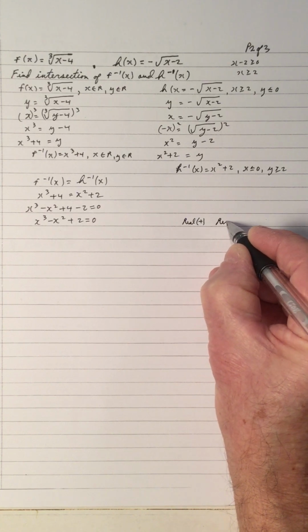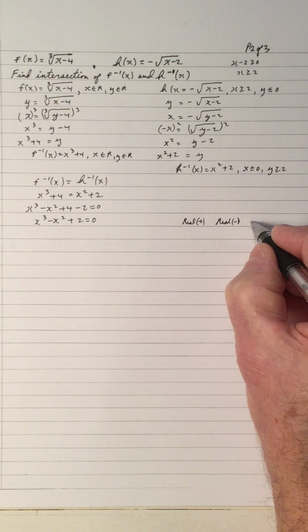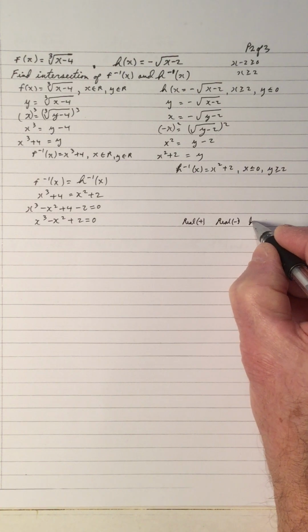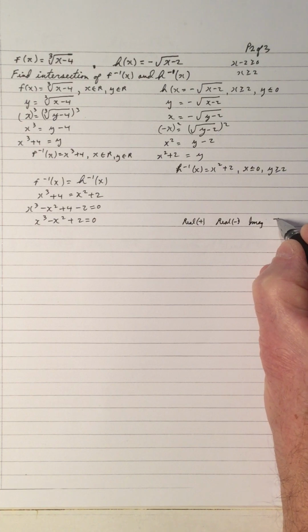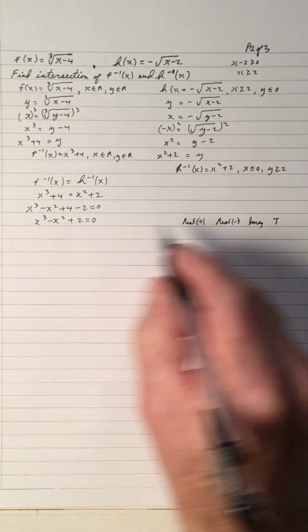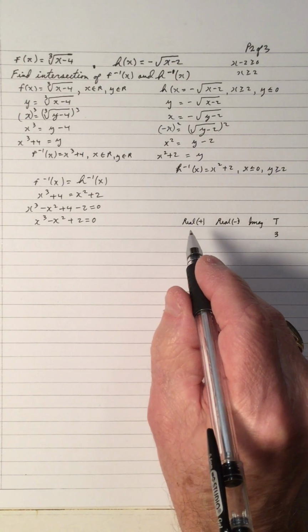I'm going to write down reals, negative, and I'm going to have imaginary roots, and we have t for total. So there are 3 roots altogether, so we know there's a total of 3, but there are several possibilities.